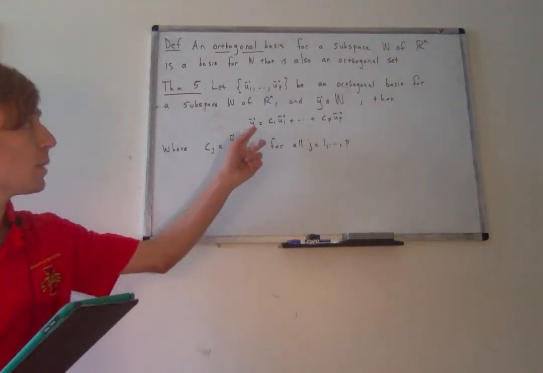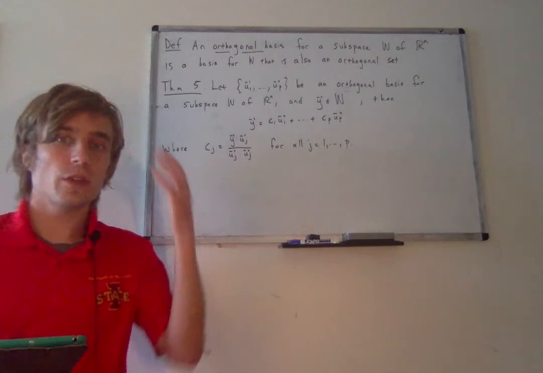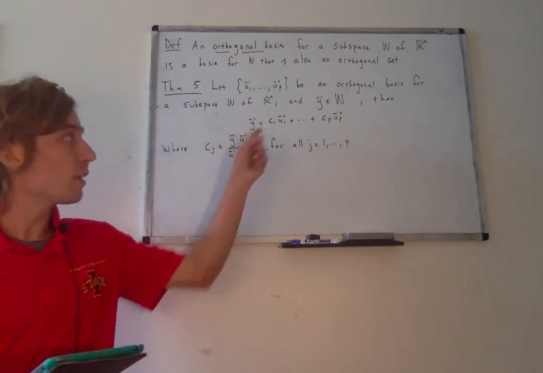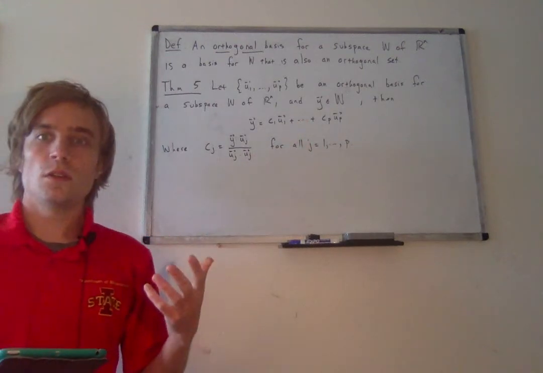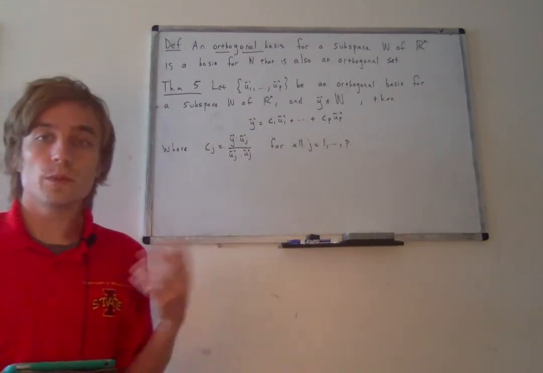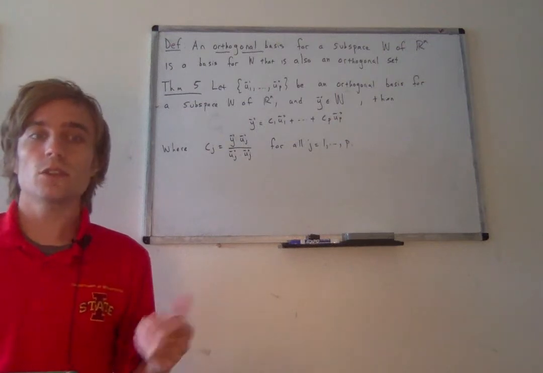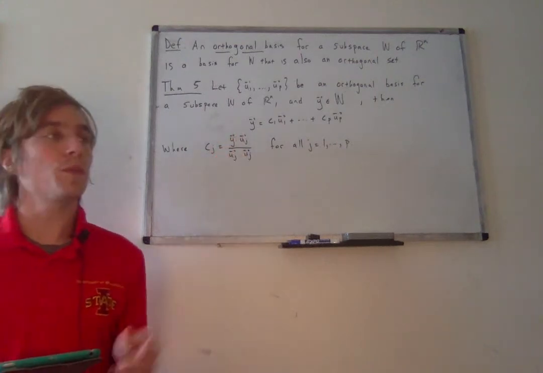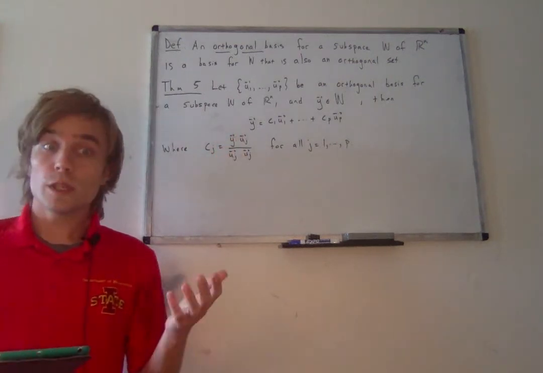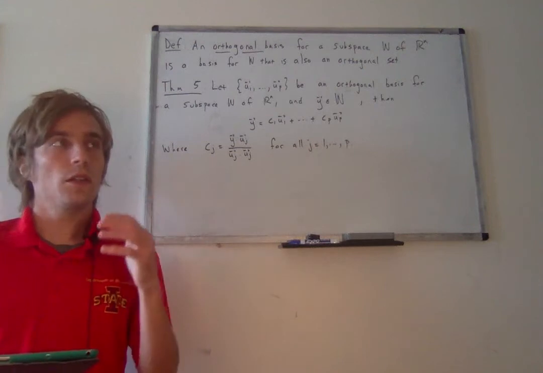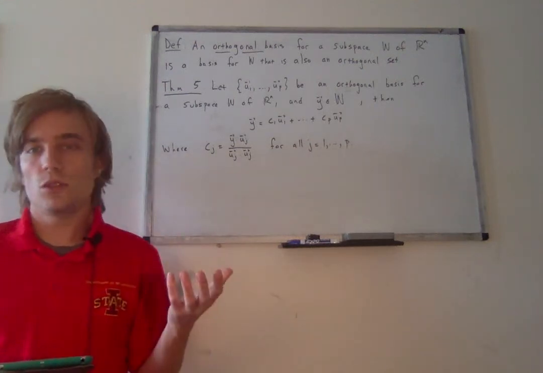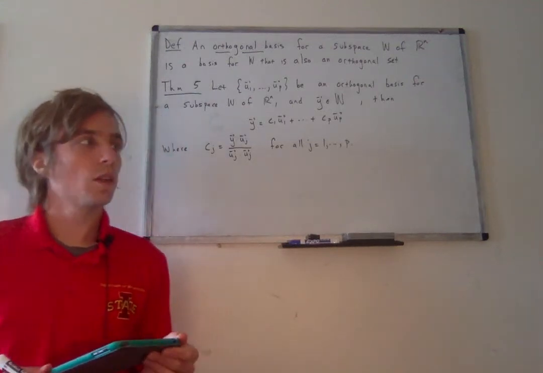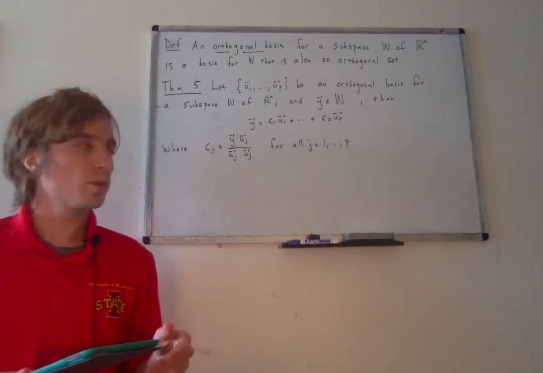So what this means is that if we've got an orthogonal basis, and remember a lot of problems we've seen deal with actually finding these constants, so being able to express y as a linear combination of our basis vectors, we've spent a lot of time already in this course solving this problem. Normally we would set up an augmented matrix, or maybe use an LU factorization or something like that to shorten the problem.